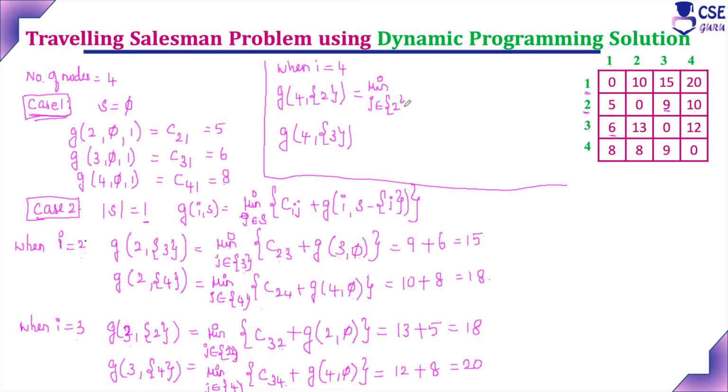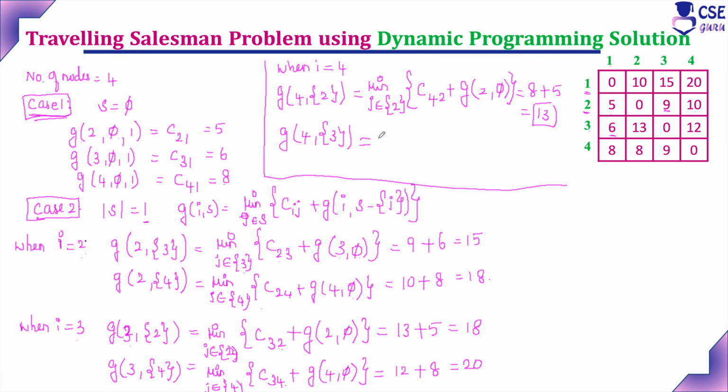After visiting 4, it is 2. C of 4, 2: 4 is currently being visited, 2 is the next vertex to be visited, plus G of 2, 5. After visiting 2, there are no more vertices. That is the meaning. So C of 4 to 2 cost is 8 plus G of 2, 5 cost is 5. So we will get 13.